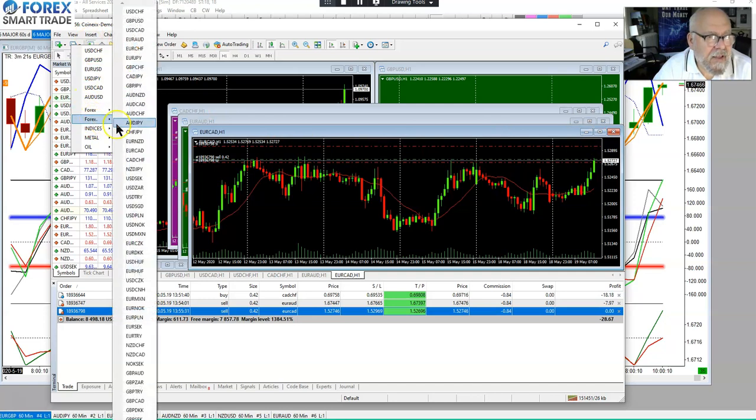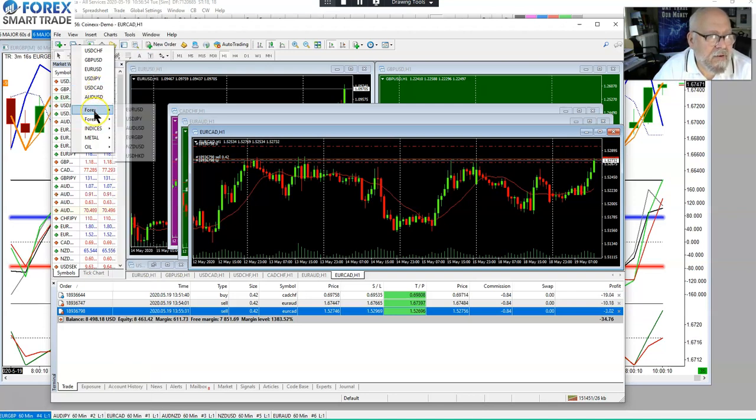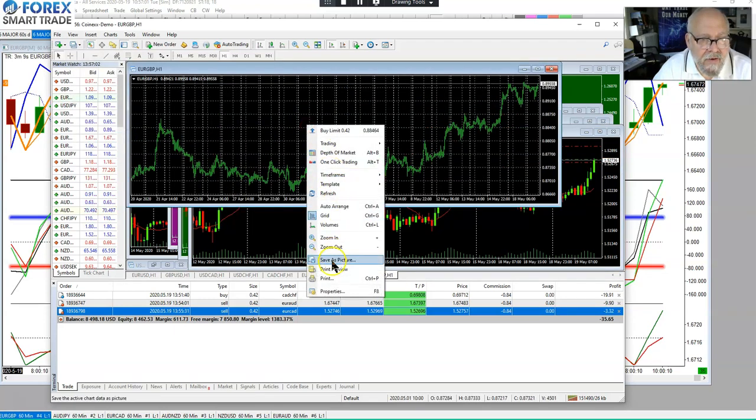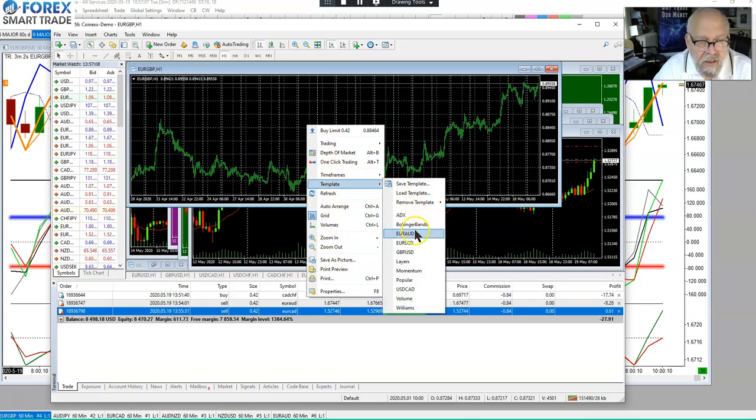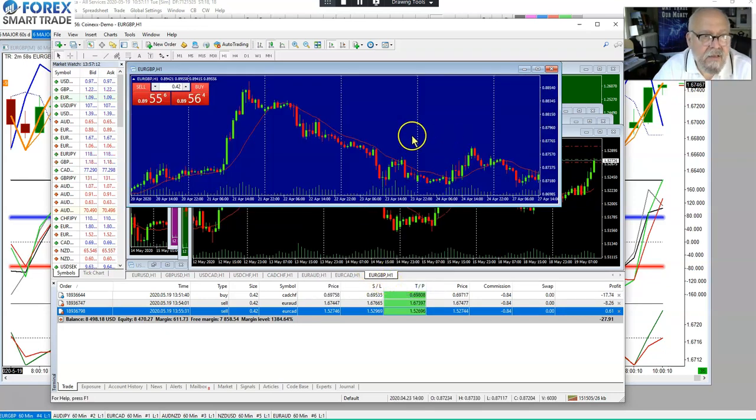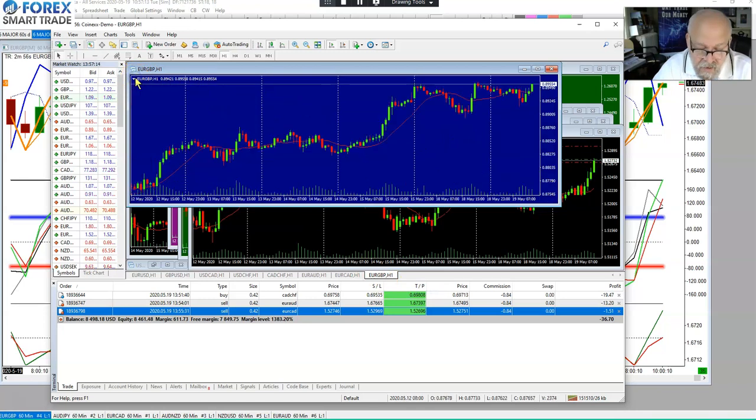And again, I'm going to guess he's going to be down here because he's an obscure chart. Euro pound. Oh, maybe he might be up a little bit. Euro pound. Here it is. And let's grab one of these other guys. And that was a sell.